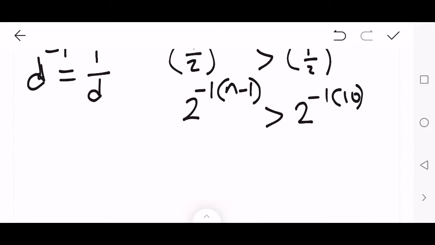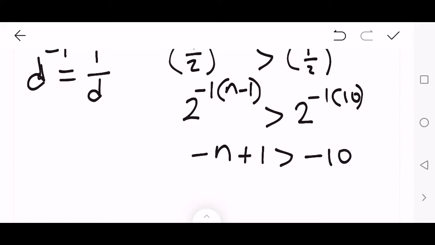So now we can see here, and this is an exponential law, if the bases are the same, we can equate the powers. So that is minus 1 times n, we have minus n, minus 1 times minus 1, we have a plus 1 is greater than minus 10.